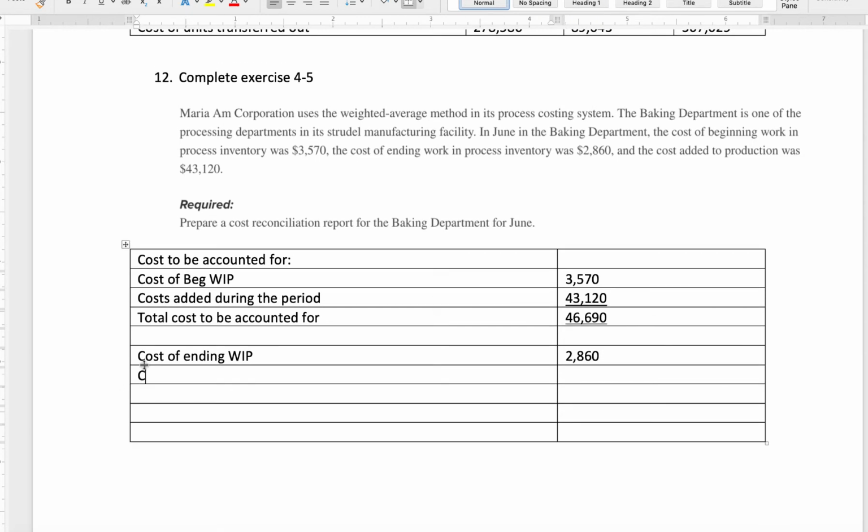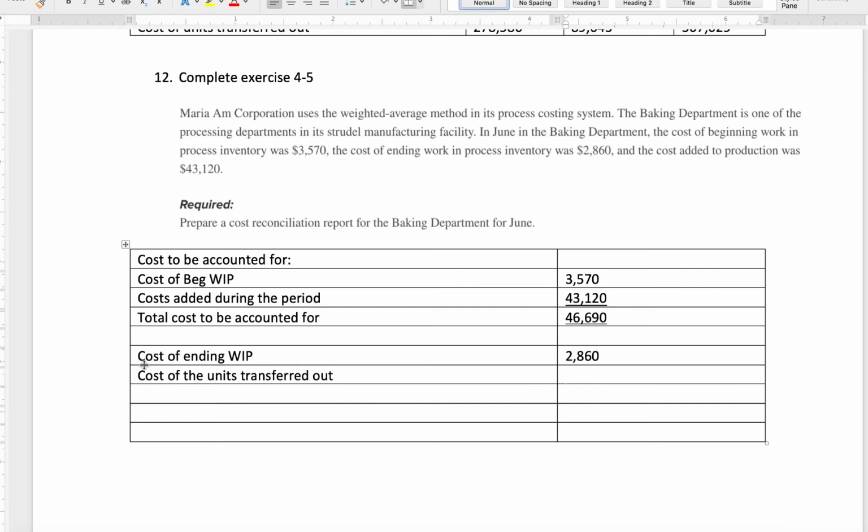What is the cost of the units transferred out? Oh man, they didn't tell me. Huh. Can't do this problem. Well, yeah, we can. How can we?